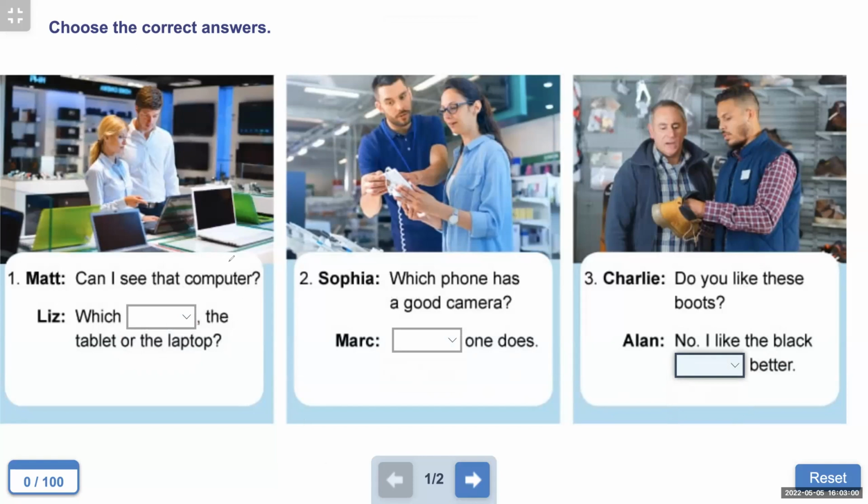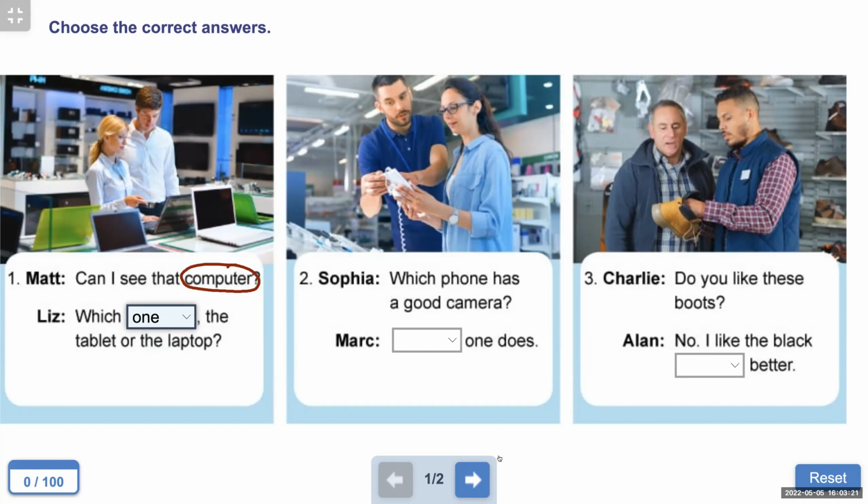So when we look at the word computer, we are only talking about one. So that means which one? The tablet or the laptop? Let's look at conversation 2. Sophia, which phone has a good camera?